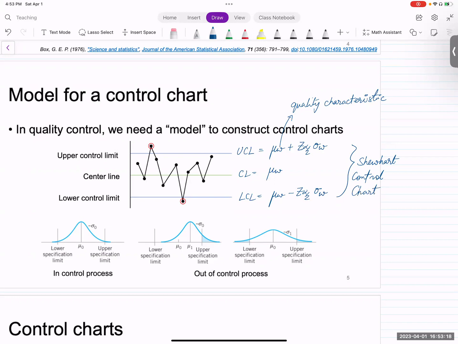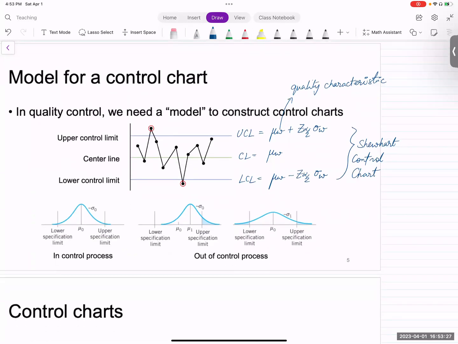And Z alpha over 2 is a constant. And we also looked at in our previous chapter that if it's a 3 sigma control chart, Z alpha over 2 is equal to 3.